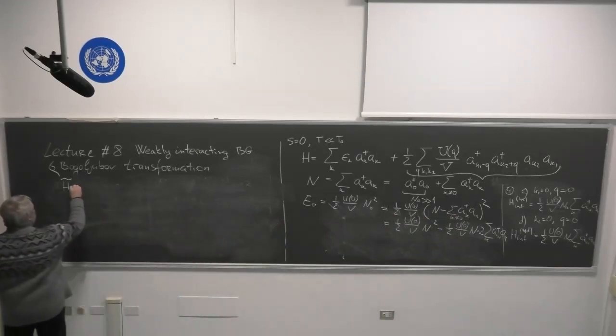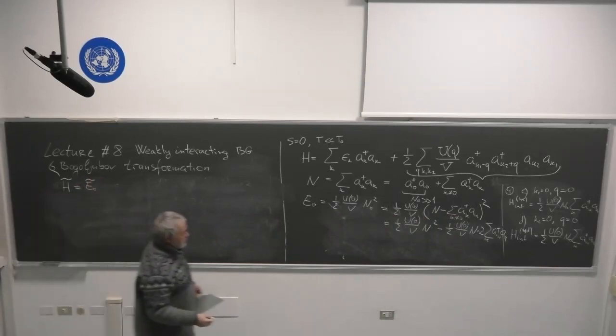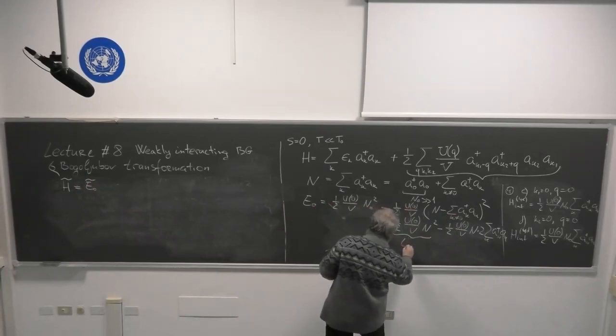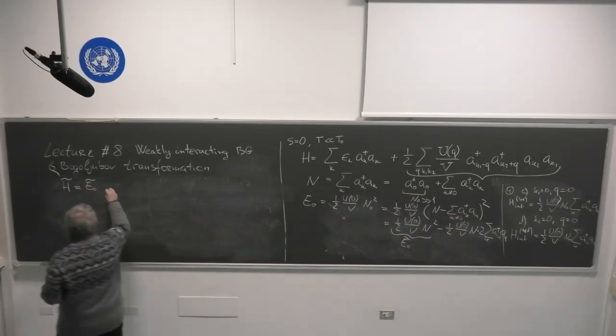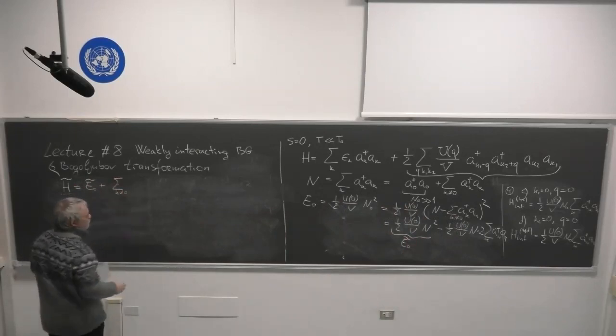So H tilde is equal to E node tilde. I will call this constant term E node tilde, plus sum over k not equal to 0.